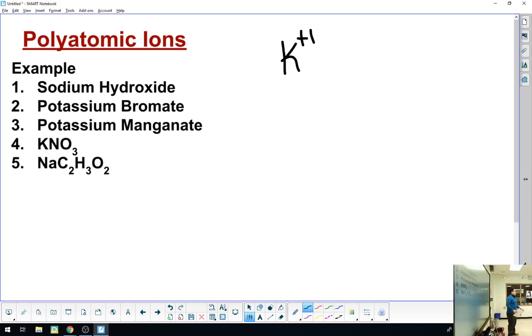Bromate is bromine and oxygen 3, so we've got BrO3. What is the charge on that bromate? It shows you right here. Find bromate, BrO3. What's the charge it gives you? Negative. So this whole thing has a -1 charge.